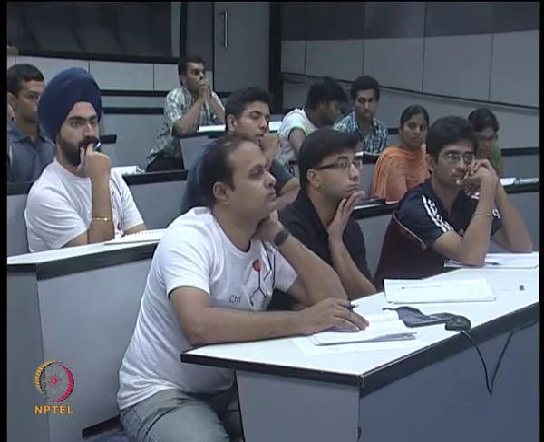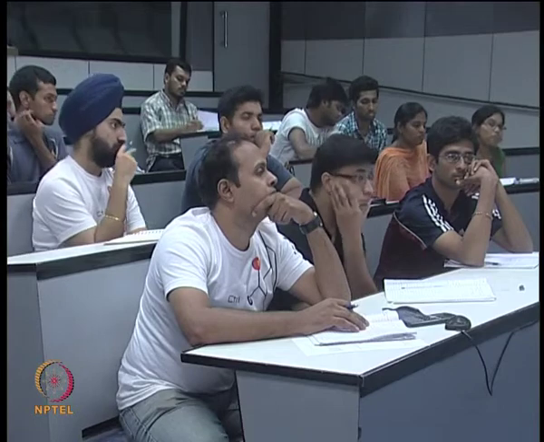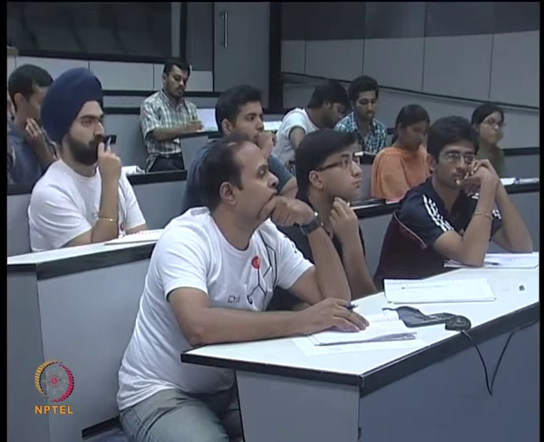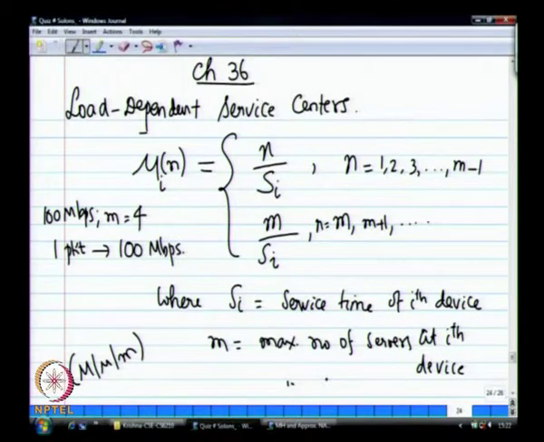This simply says that at the ith queue, if there are n jobs, then the capacity of that server is n by si or m by si. If n is greater than or equal to m, then it becomes m by si. See, if I have 100 Mbps links and there are 4 such links, and there is one packet in the queue, then the capacity of that system is 100 Mbps, because that is all it is serving at that instant.